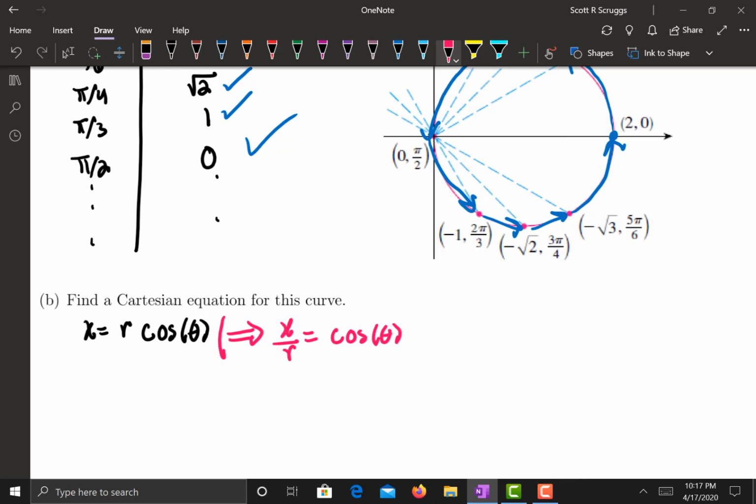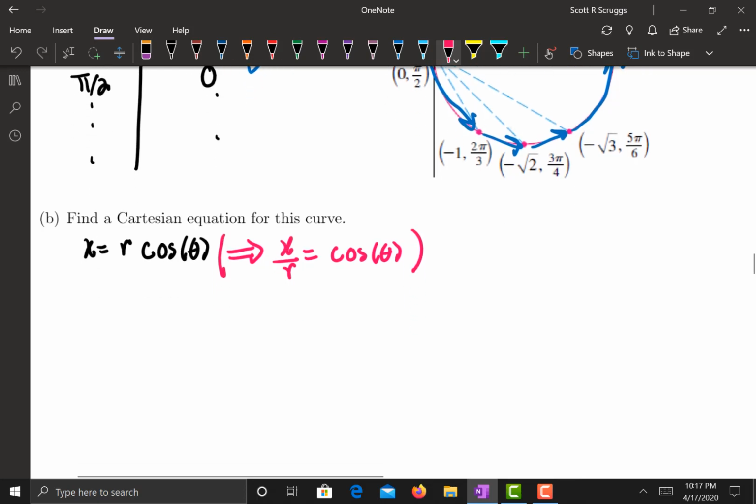And what does that mean? That means I have the equation x over r equals cosine of theta, which means if I multiply by 2, I have that my function r equals 2 times x over r.